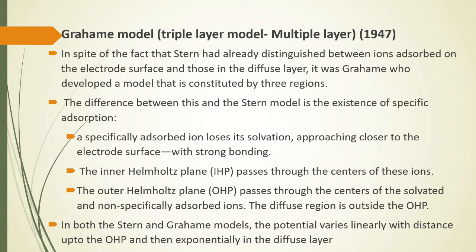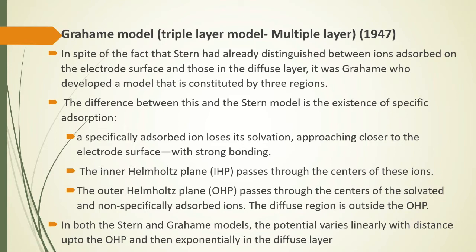The basic difference between the Stern model and Graham model is that in the Graham model, he brought one more region where the adsorption of ions takes place. Graham modified the Stern model after carrying out a number of precise differential capacity measurements using an AC bridge.